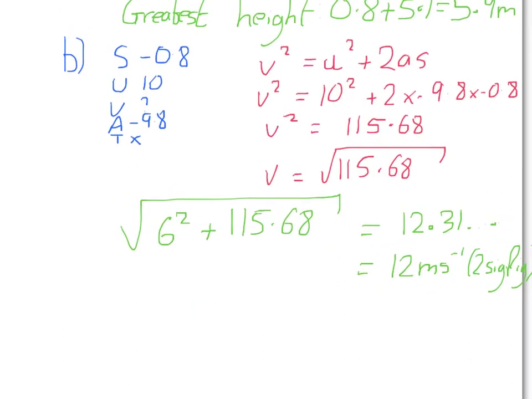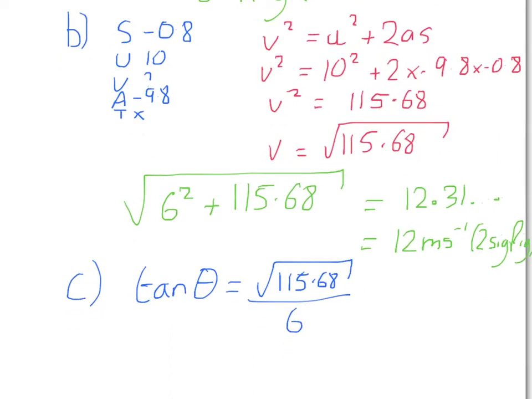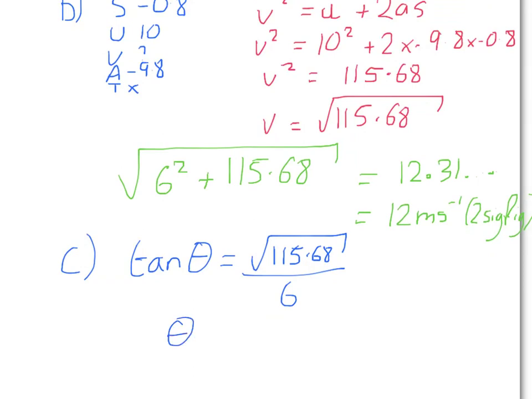Tan of theta is equal to the opposite, which is the square root of 115.68, over 6, which if you do that on a calculator you find that theta is equal to 61 degrees. The reason we've kept it in the square root of 115.68 is to get the most accurate answer at the end.